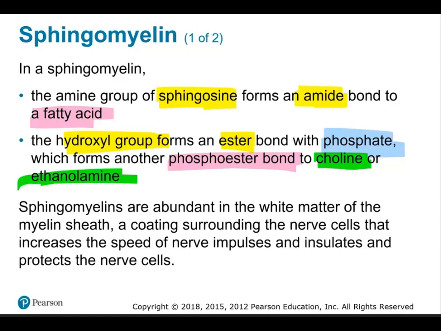These phospholipids, specifically sphingomyelins, are very common in white matter, meaning it's in the myelin sheath. Okay? So sphingomyelins are essential for electrically insulating your neurons and increasing the speed of nerve impulse transmission. Okay?